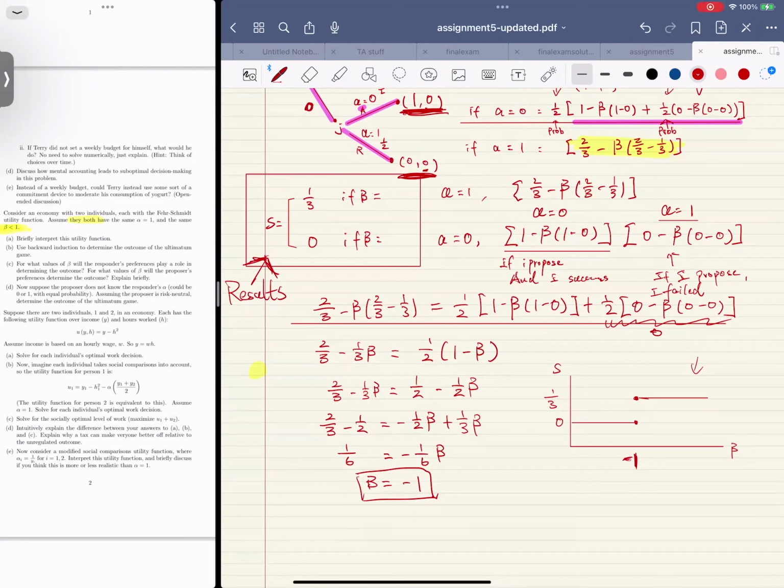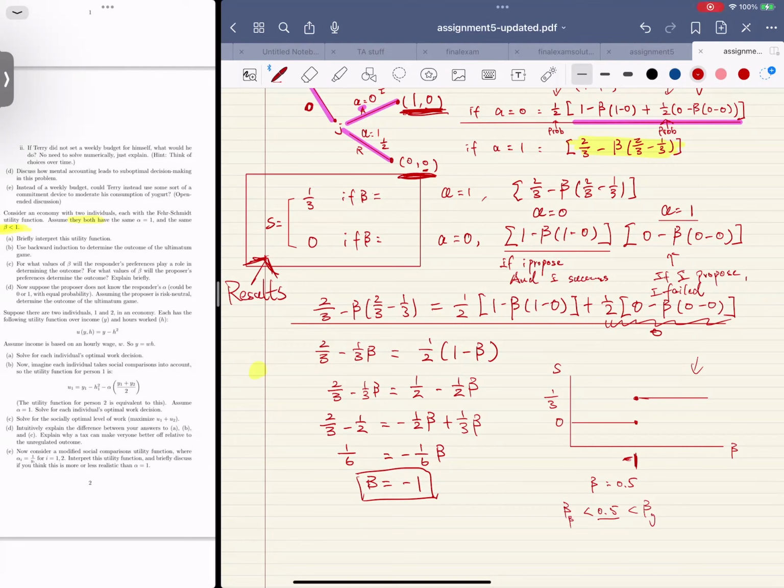Because we know that in the previous question, beta equals 0.5. We have a critical point at 0.5, and then there's a beta and another beta. This is the beta of good, and this is the beta of bad.